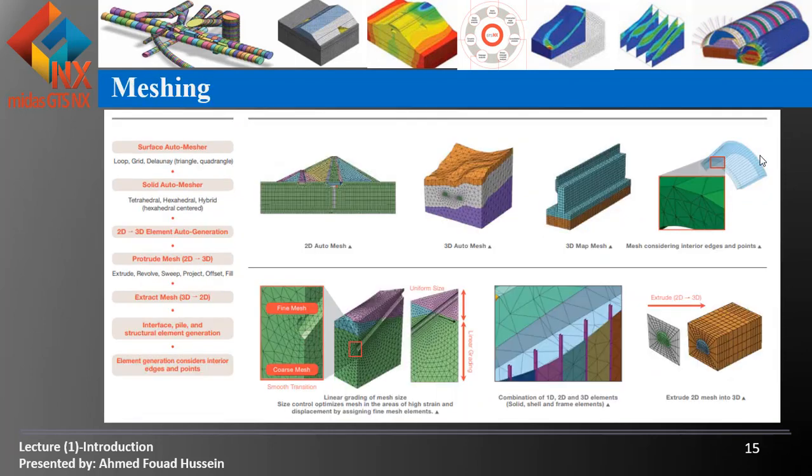After finishing the geometry, we go to the step of creating the mesh. There are a lot of techniques. As I said, if we have some wall like this, we divide our geometry into small elements, and we calculate the straining actions and the stresses and strains at these nodes.